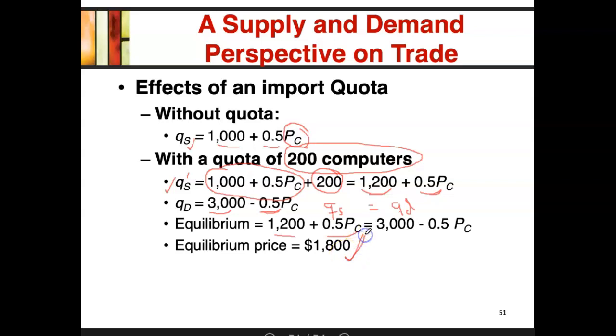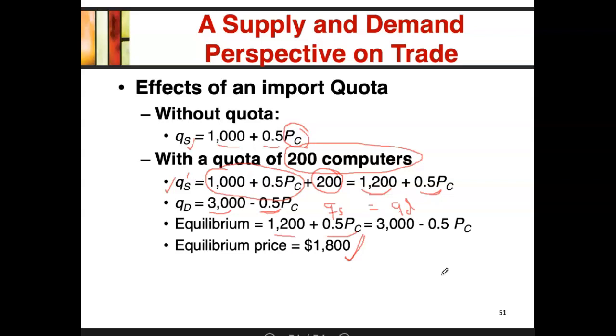So with the imposition of the quota, the equilibrium price is slightly higher than before, in terms of the world price.